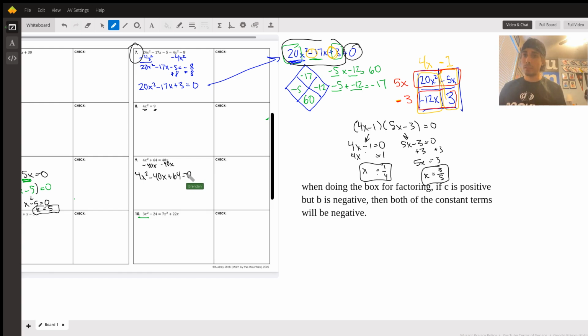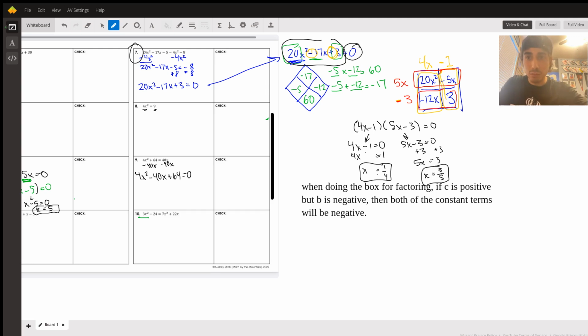All right. Well, this can go one of two ways. We can do this the easy way or the hard way. I'm going to show you the easy way. Always be on the lookout for common factors we can take out. This one has a greatest common factor of 4. So this lets us factor the easy way.